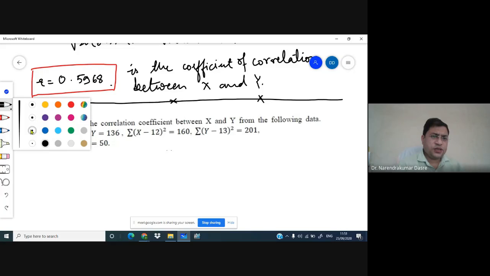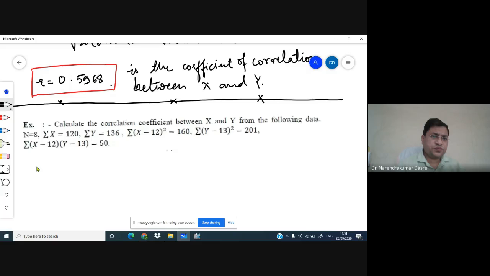I hope this is visible. Okay, so we can have the next example. Now you can see: calculate the correlation coefficient between x and y from the following data.